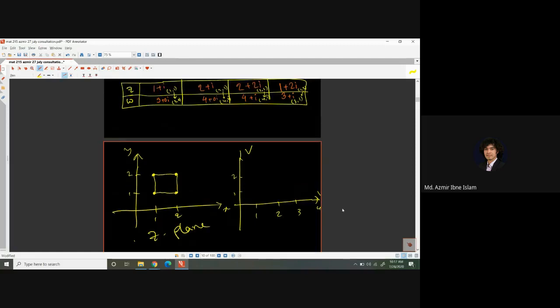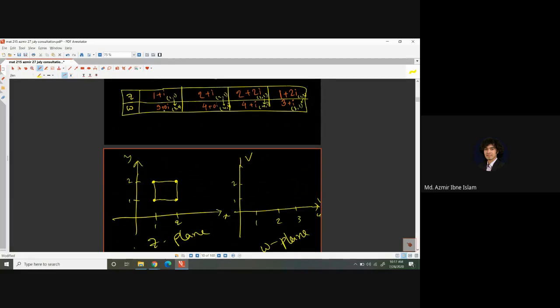So now we are in the w plane. Actually, a fourth dimension is not possible, that's why we are separately drawing the figure. So here we can see the first point in w. Here we have (3,0): 1, 2, 3, and 0 is here. So the (3,0) point is here. Then we have (4,0), and the (4,0) point is here.